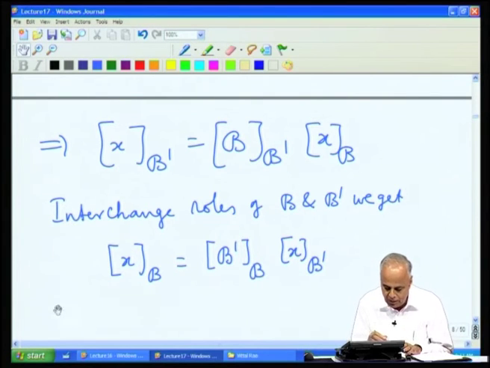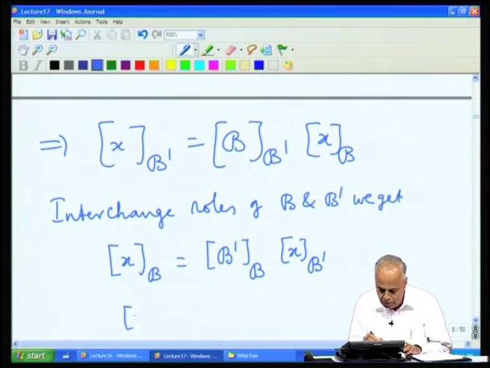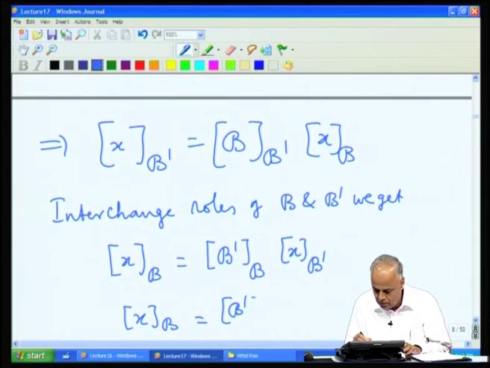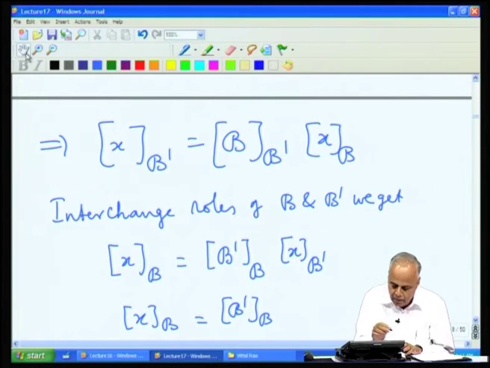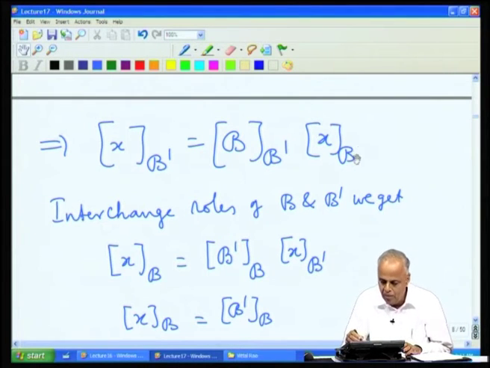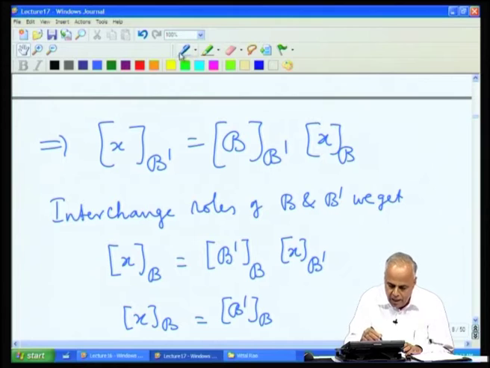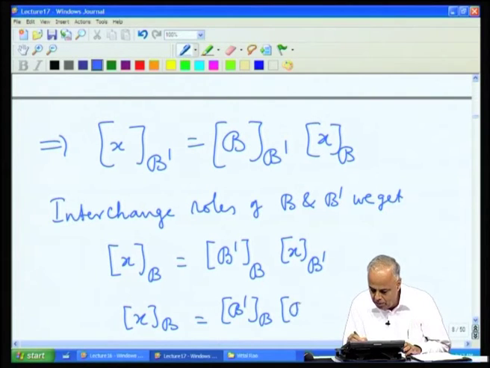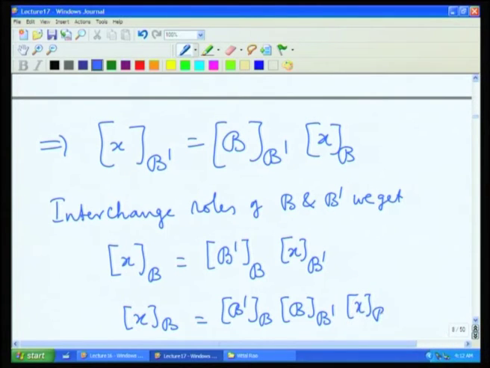Combining these two results, if we now substitute for x_B' from here, we get this is B_B' into x_B.